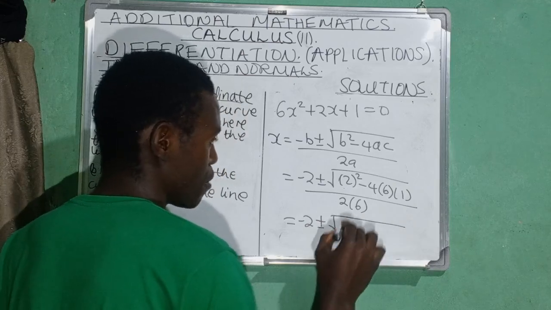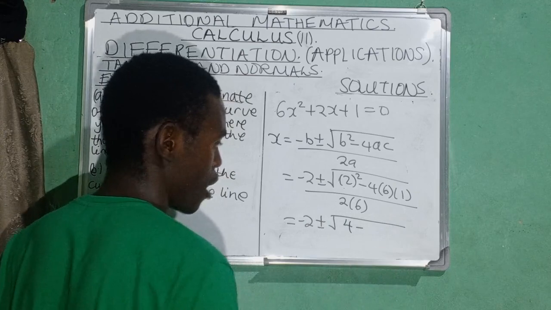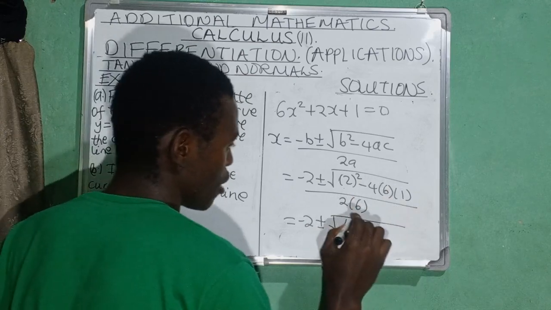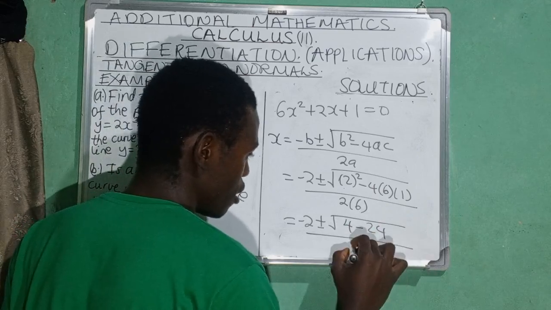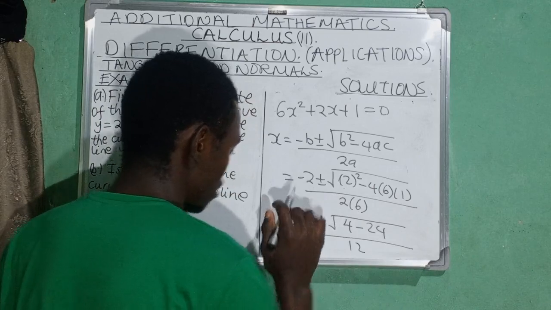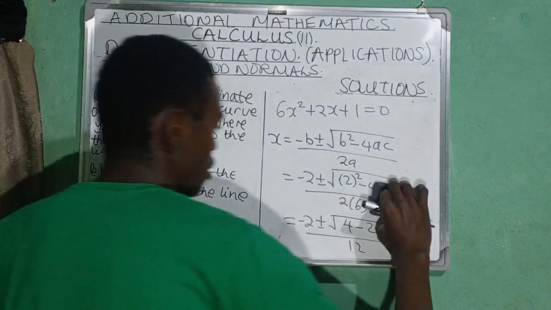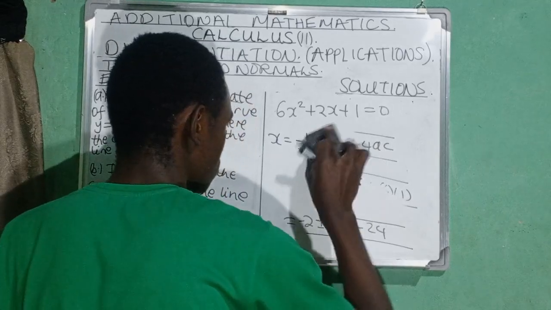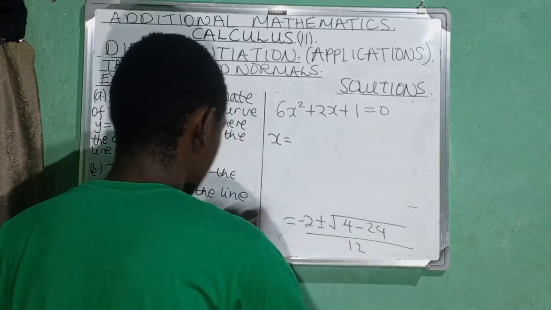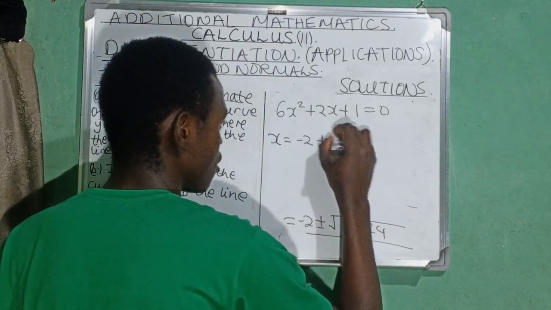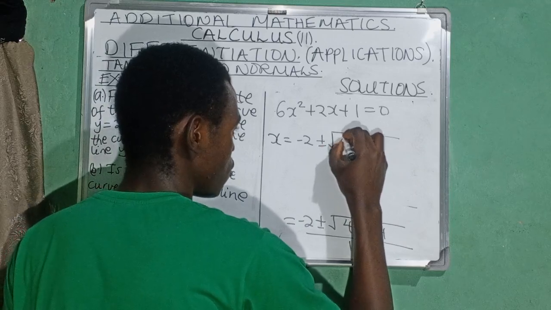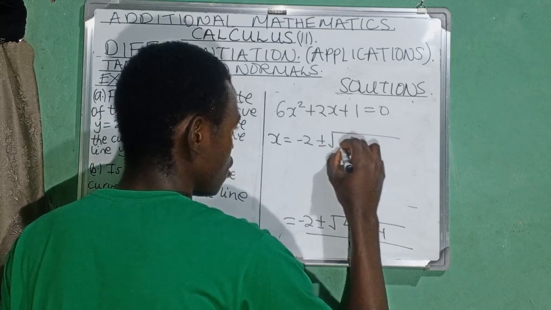This is 4 minus 6 times 4, which is going to give you a 24. You divide by a +12. And then we can clean up.